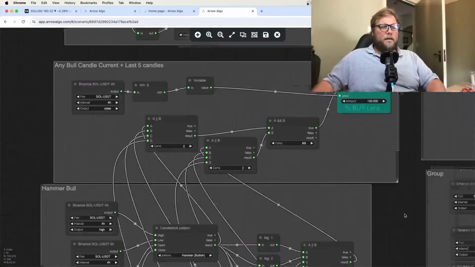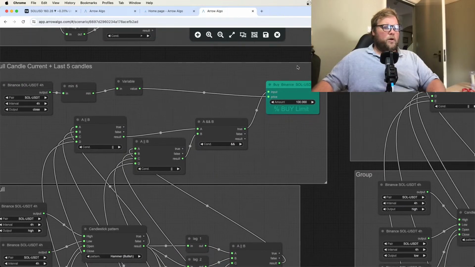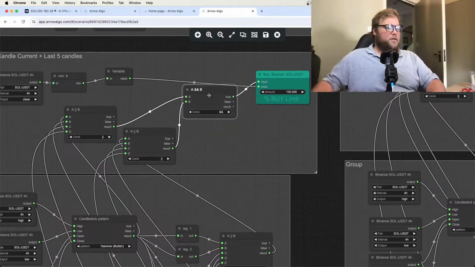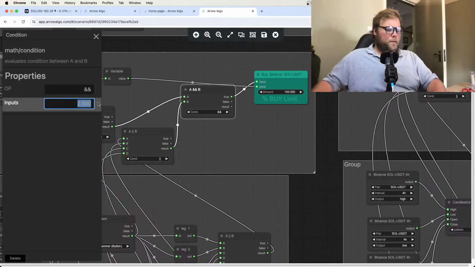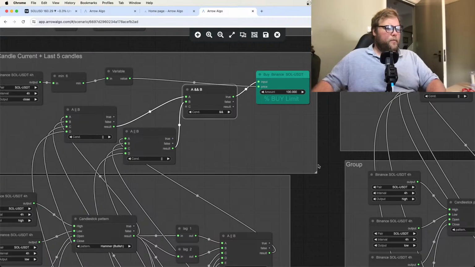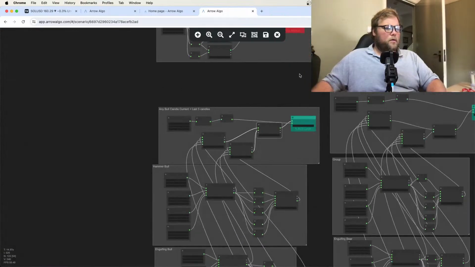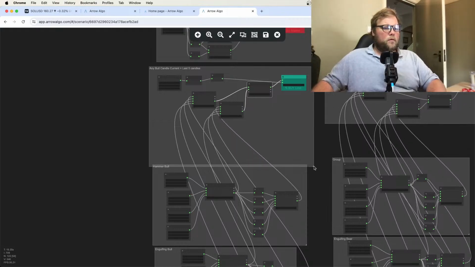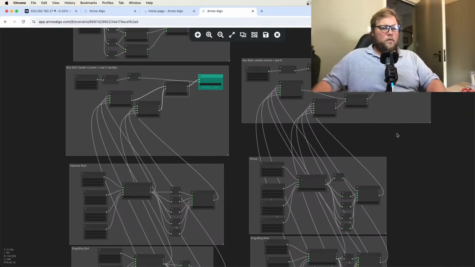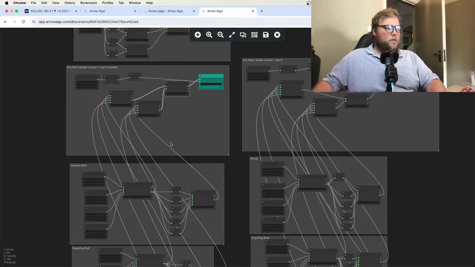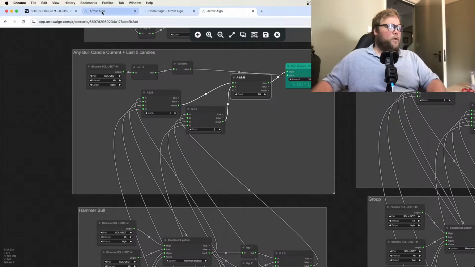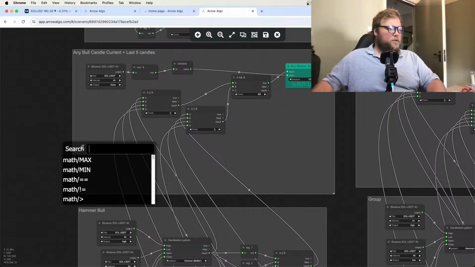We're going to come back in and edit, and we're going to go to our buy signals, and we're going to add in one more condition to this final AND block. We were looking at a 1 hour candle on there as well, so let's turn that into a rule.